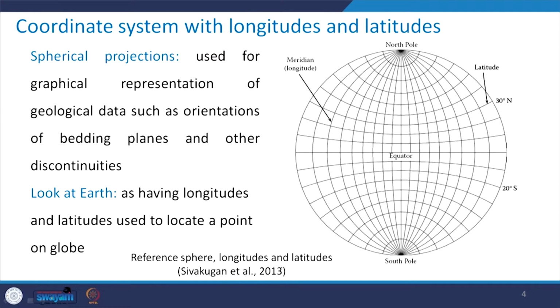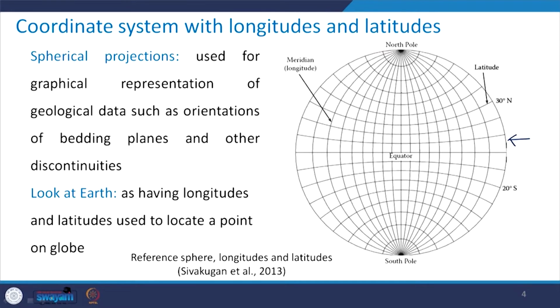Now, to first get an idea about this coordinate system, take a look at Earth. Consider a sphere which is shown here. Earth has latitudes and longitudes.